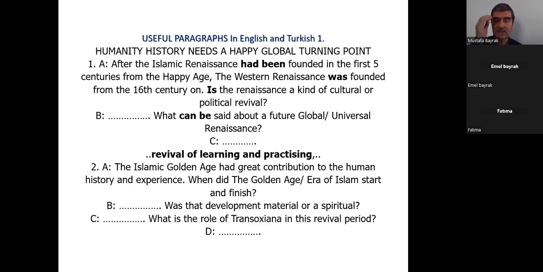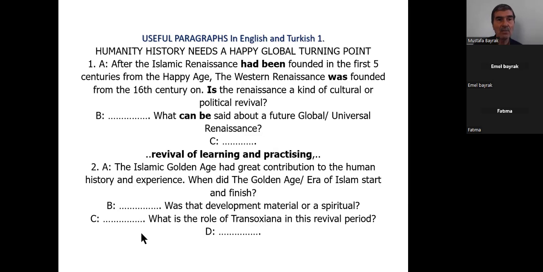And after this presentation, after this video, we are going to study vocabulary building instead of those reading passages. Yes, enriching our vocabulary, gaining vocabulary, increasing our vocabulary. We are going to make studies about increasing our vocabulary.